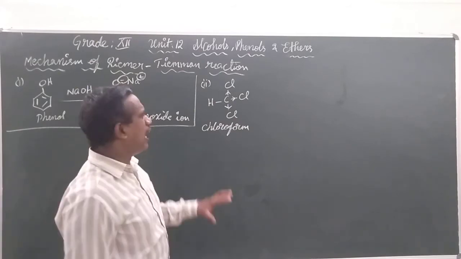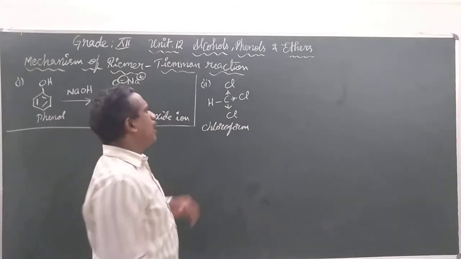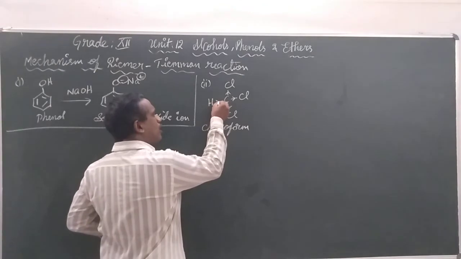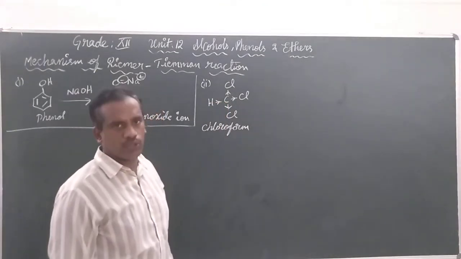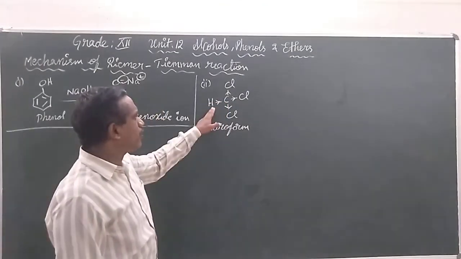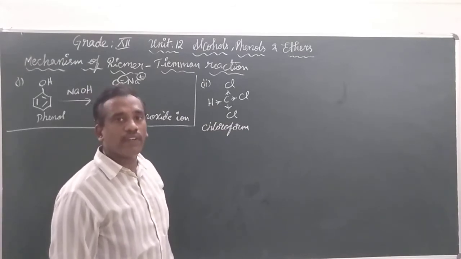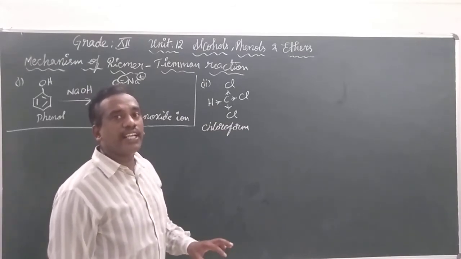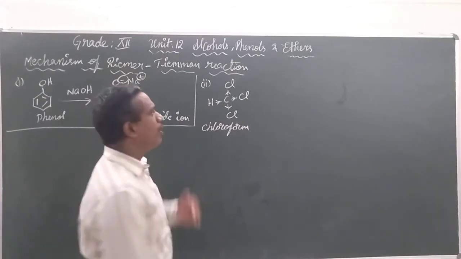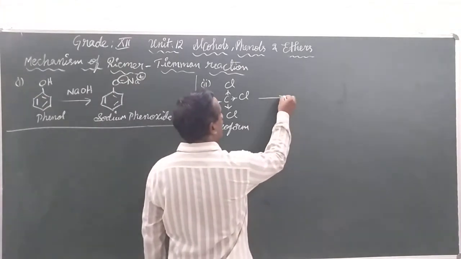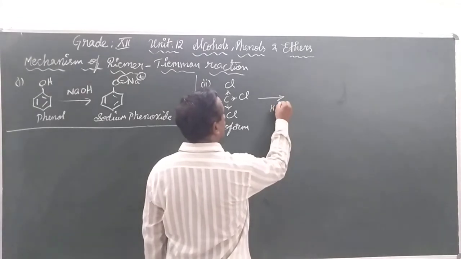Hence they are making the carbon withdraw the bond from the hydrogen. So this is what we call the acidic hydrogen. That is going to leave in the form of H plus ion.